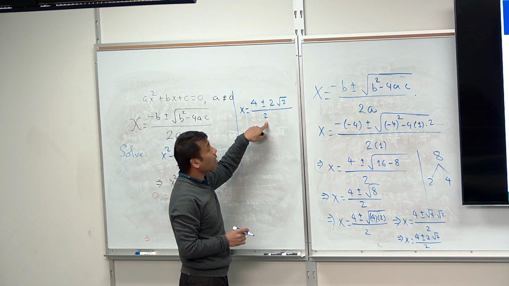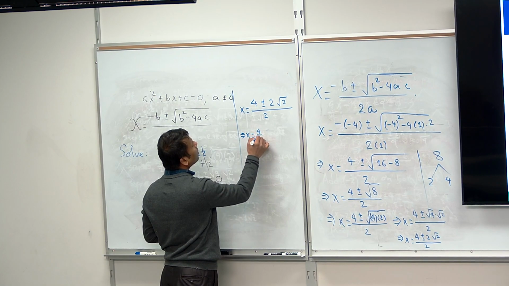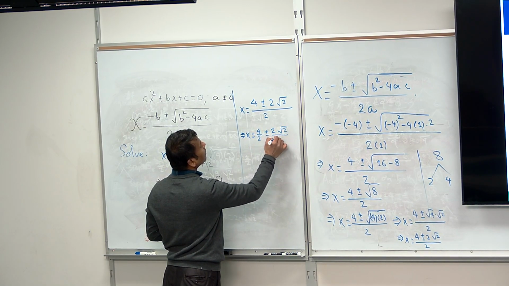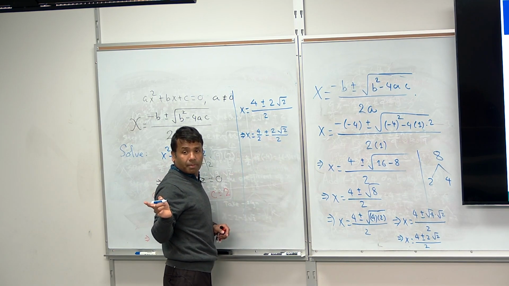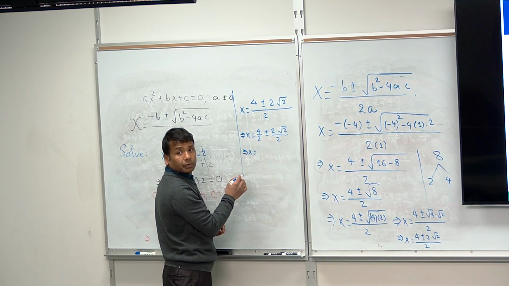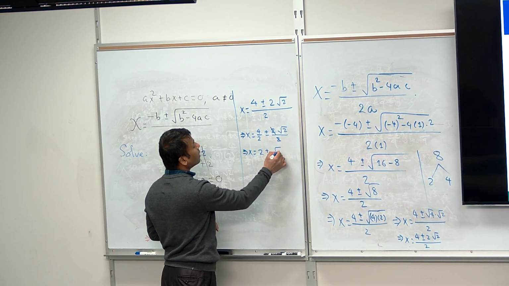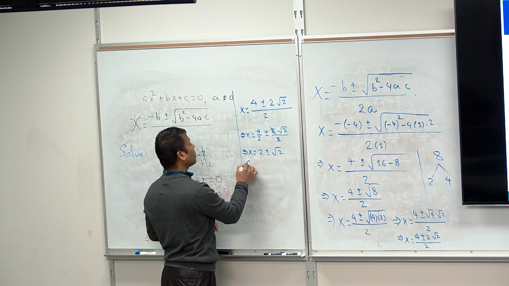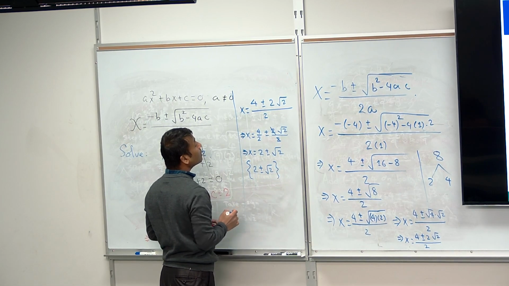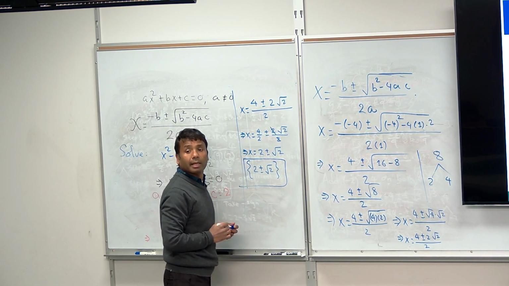So that will be x equal to 4 over 2 plus or minus 2 radical 2 over 2. Make sense? And now x equal to, what is 4 over 2? 2 plus or minus, this 2 and 2 cancel, this is radical 2. Is that right? So the solution is 2 plus or minus radical 2. So this is the final answer.